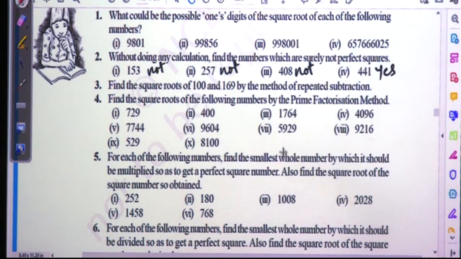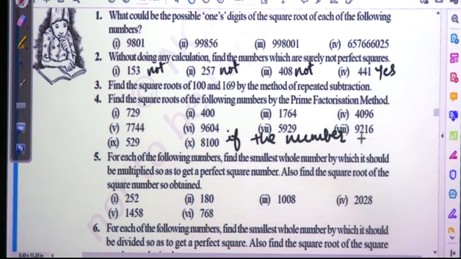Why? What is the reason for that? The reason is simple. This is the property that has been explained to us, we have studied in the previous part of this chapter.